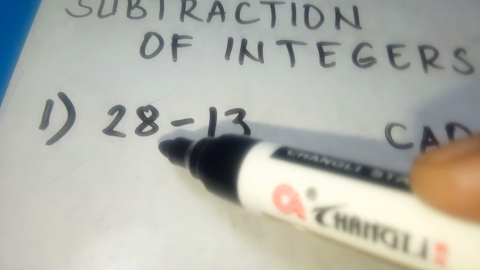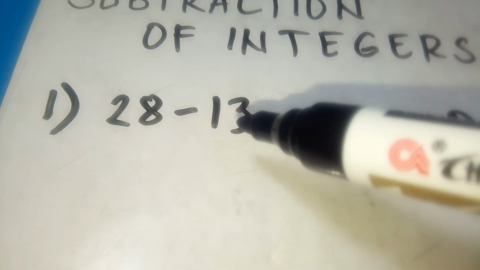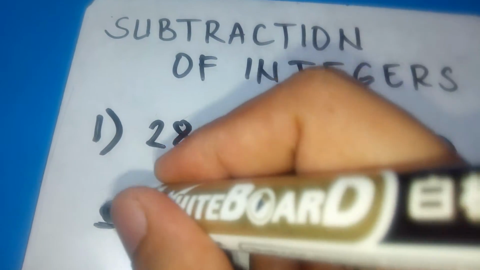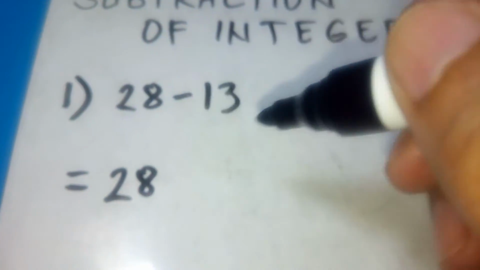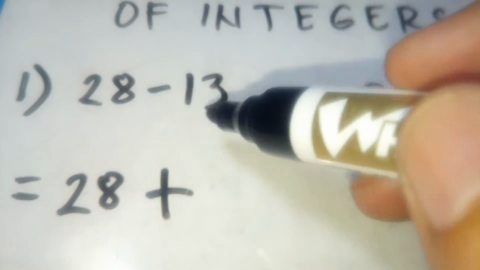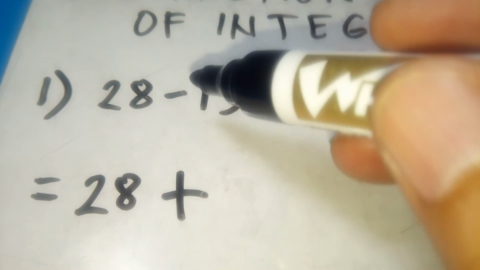In this case, 28 is the minuend, 13 is the subtrahend. So we have to copy 28, then add the opposite of the subtrahend. Take note, the sign of our subtrahend is positive.